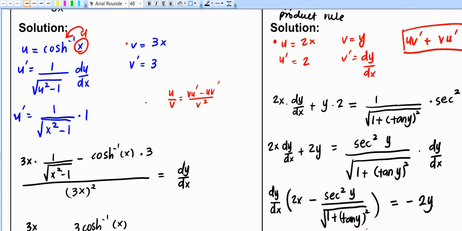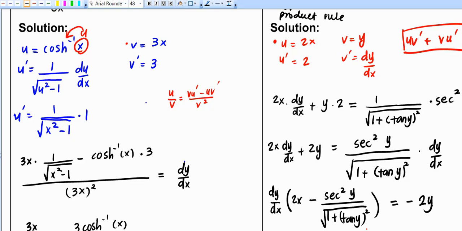Then dy dx equals negative 2y over 2x minus secant squared y over square root of 1 plus tangent squared y.